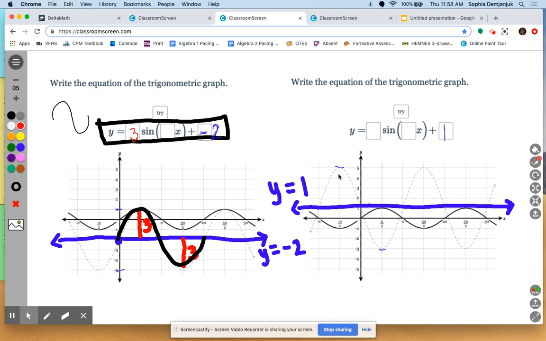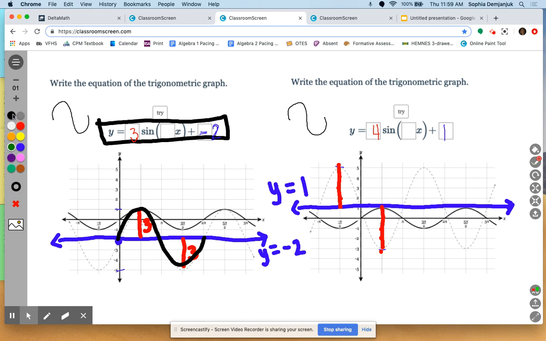Next thing I'm going to look for is that amplitude, and I can count from the midline to the maximum. I went 1, 2, 3, 4. I can verify it with the midline to the minimum. 1, 2, 3, 4. So in front of my sine, I'm going to put 4. And then the last thing that we're going to look for is if it's reflected or not. Usually the sine parent function has the high peak and then the low peak.